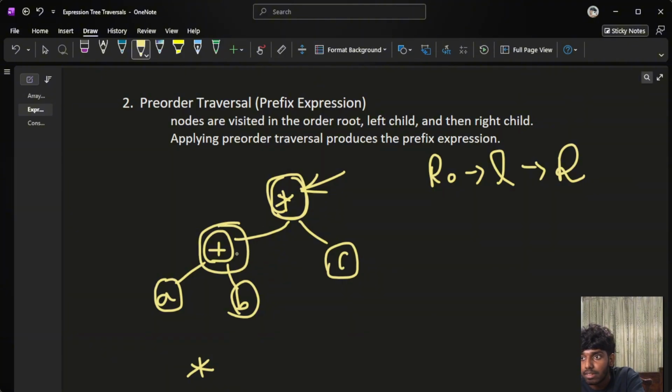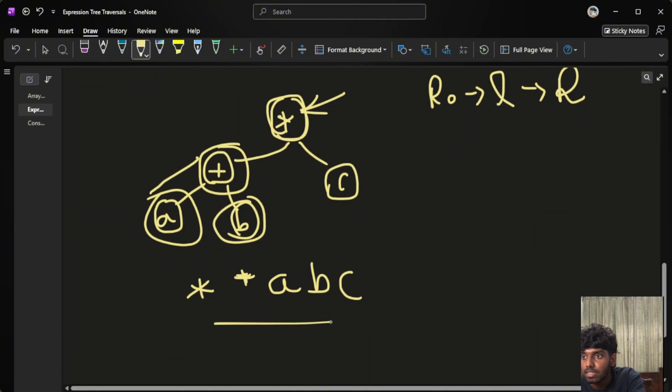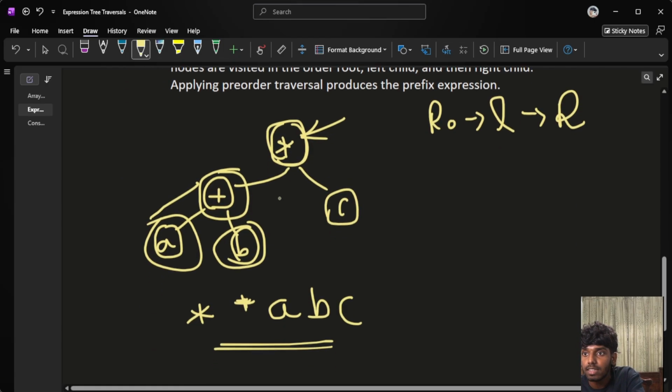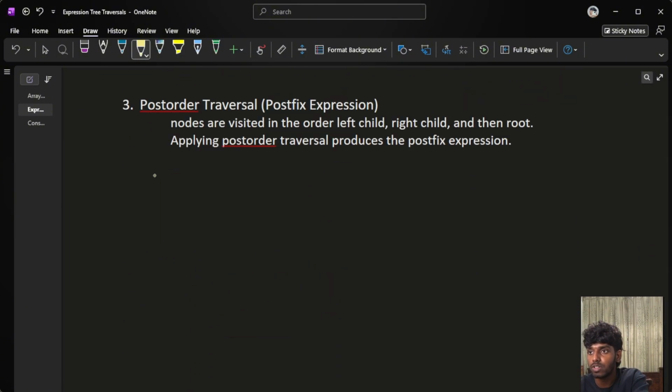So we got this plus, and then we go to the A, and then we go to the B, and then we go to this right here, so we got the C. So this is the answer that we can obtain after applying the pre-order traversal to this expression.